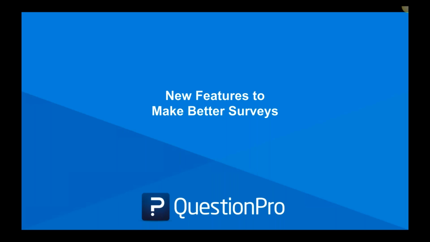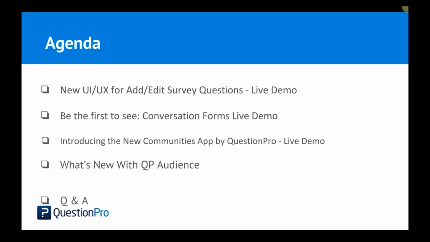Not only are we improving on what we already do in terms of insights and surveys, we also want to level up the experience. So we're going to show you not only are we doing surveys, but some other things I think you're going to be very excited to see as well.